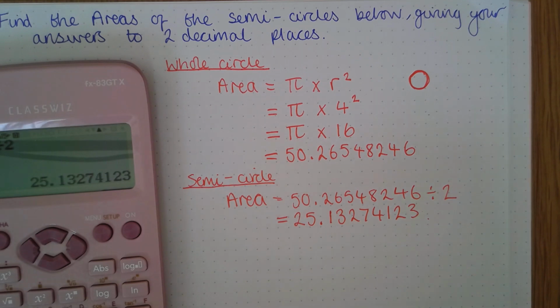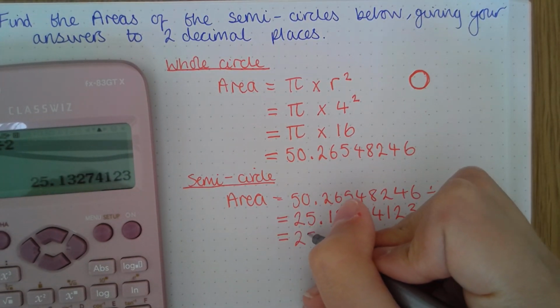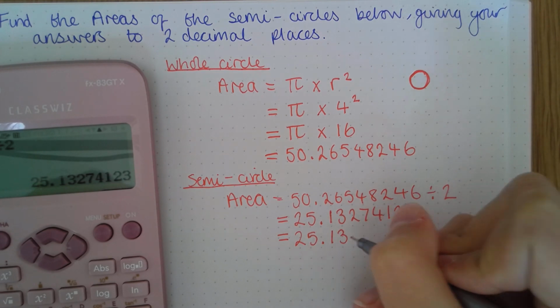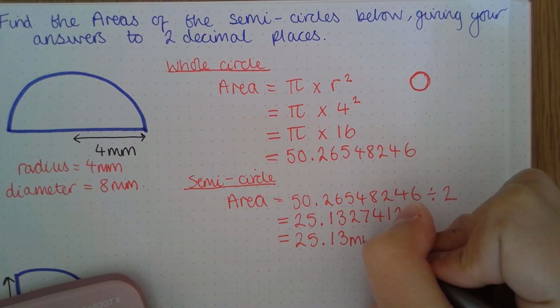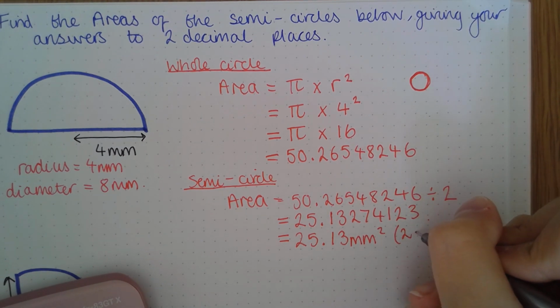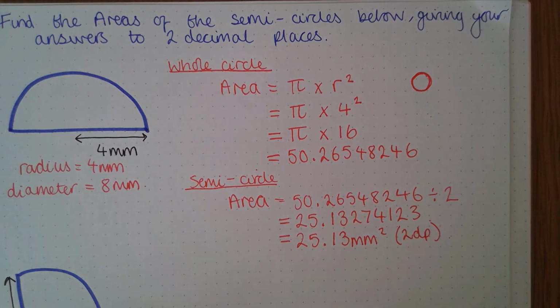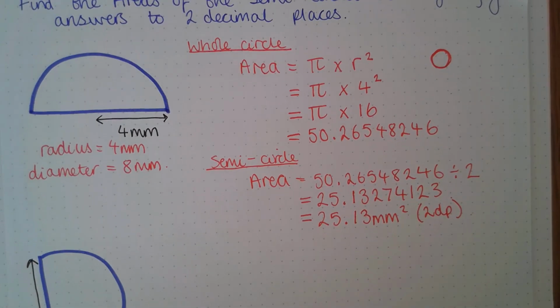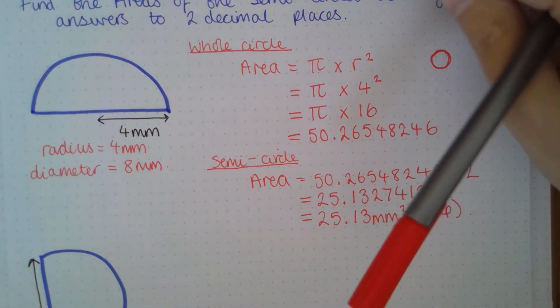But we need to make sure that we do our units and our rounding. So we've got 25.13. Units are millimeters squared to 2 decimal places. Okay, so that's the first one. The only extra step is working out half of the circle.